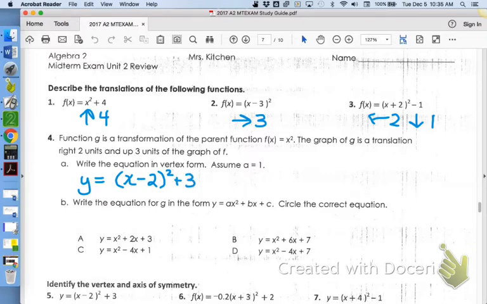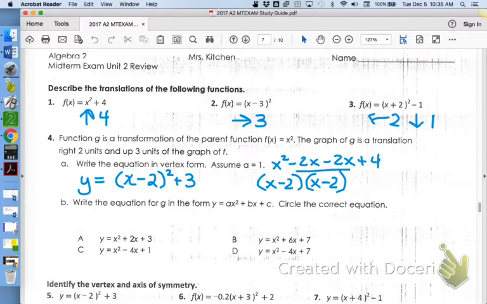And now we're going to write the same equation in the standard form. So we're going to have to multiply x minus 2 times x minus 2, and we will get x squared minus 2x plus 4.